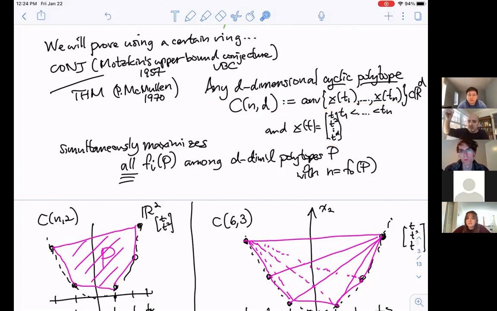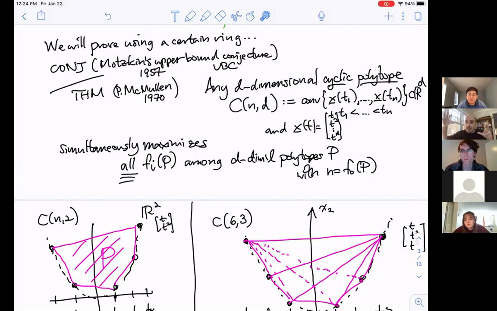So it's a certain kind of twisted degree d curve in d-dimensional space. And it's a way of picking somehow generic points, but they're not quite generic. They're sort of artfully chosen generic points in d-dimensional space.